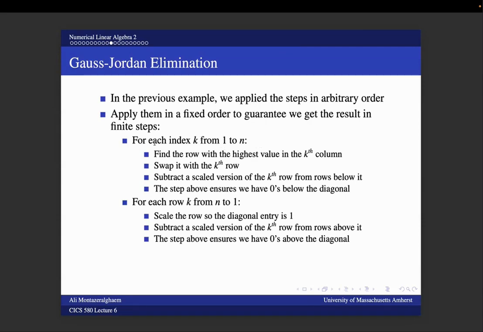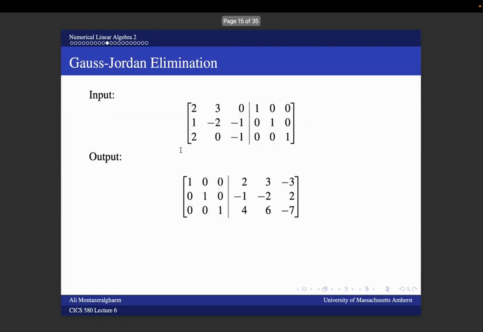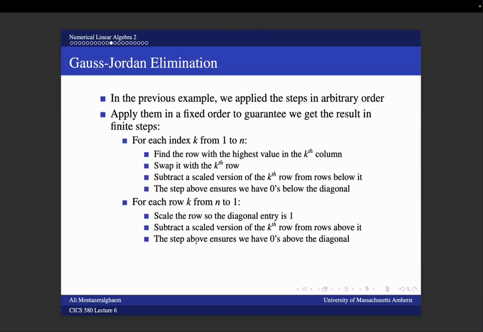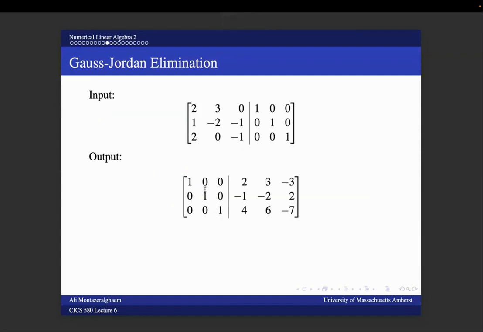So in Gauss-Jordan elimination, we have two for loops, and in the first loop, we want to make sure that the elements below the diagonal are 0.